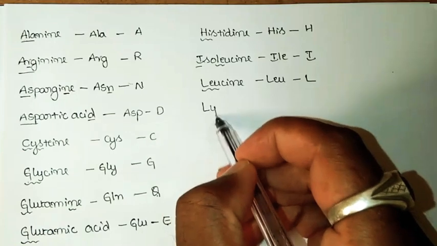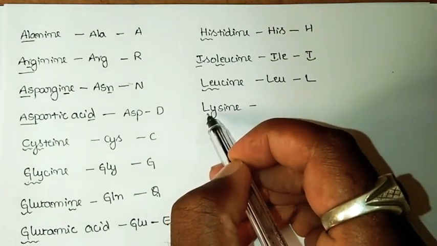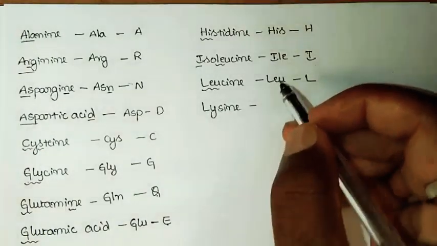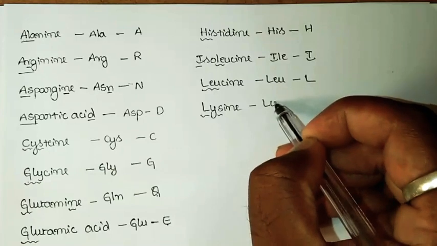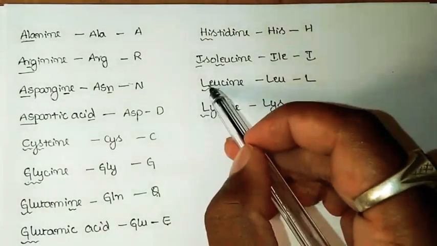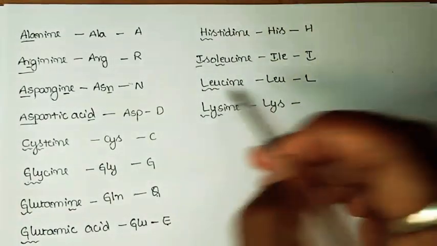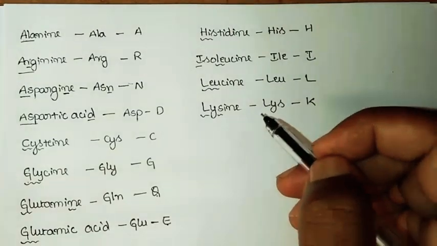So next it is lysine, the other amino acid whose name starts with L. Lysine is indicated by three letters, that is LYS. But L is already given, so we'll go with the letter before L, that is K, as the symbol for lysine.